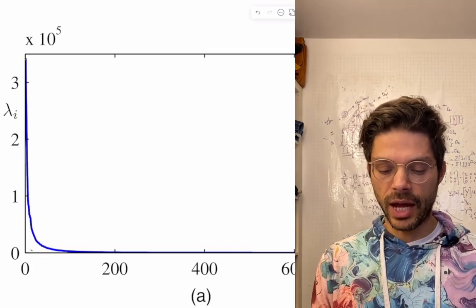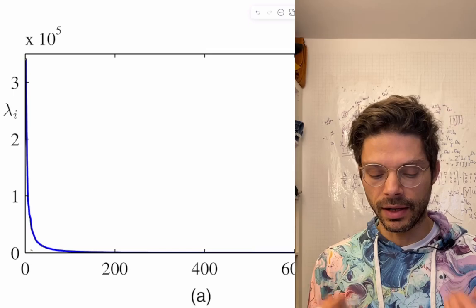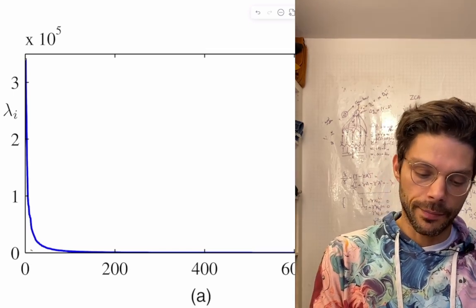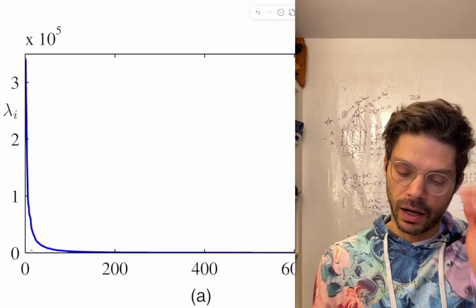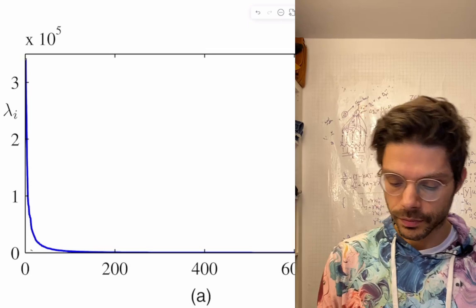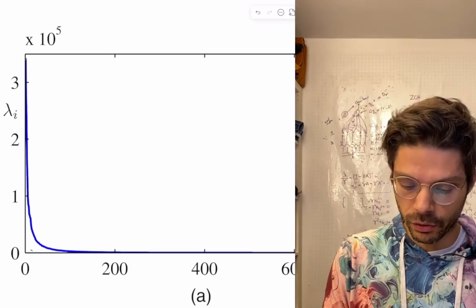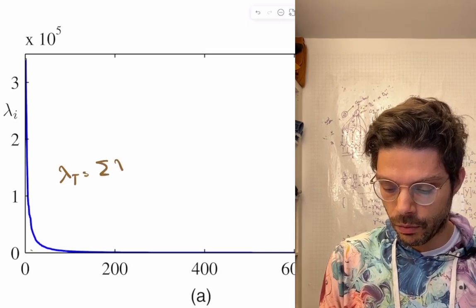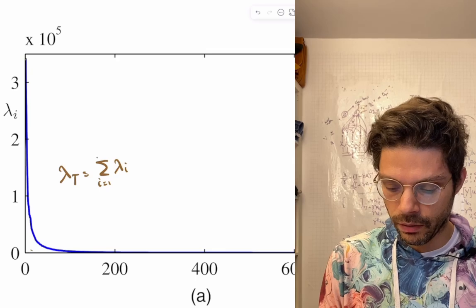Often we use data like this, but presented in a different way, to select how many principal components to choose. The way we do that is we think of the total variance. So the total variance, let's say T, is equal to the sum of y_i, i equals 1 to n.